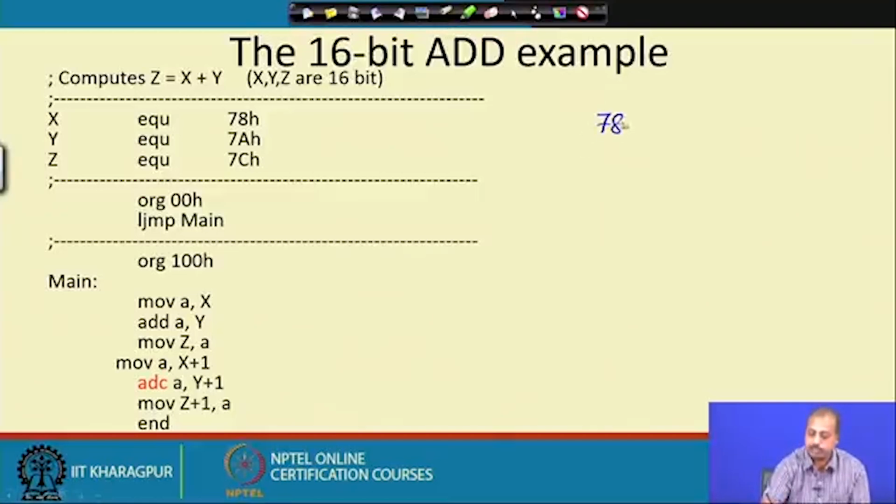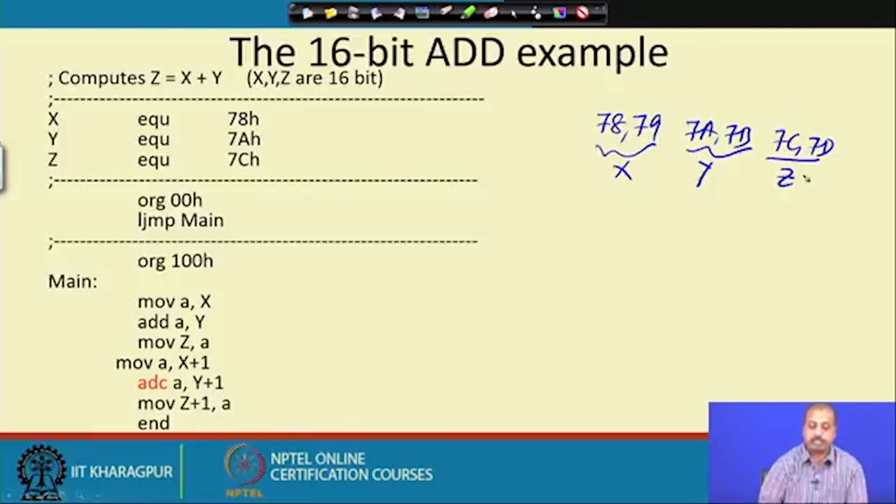Locations 78 and 79 will hold the value of x, then 7A and 7B will hold the value of y, and 7C and 7D will correspond to the variable z. So, we define the addresses of x, y and z as 78, 7A and 7C.